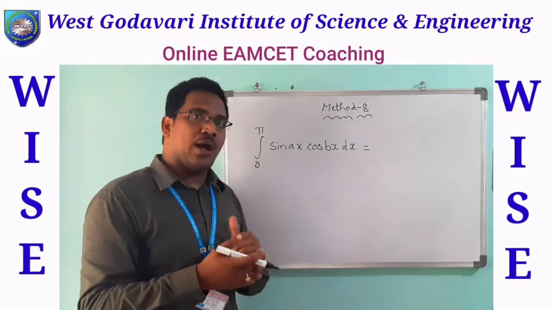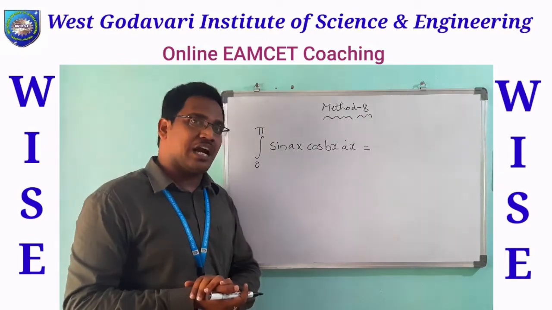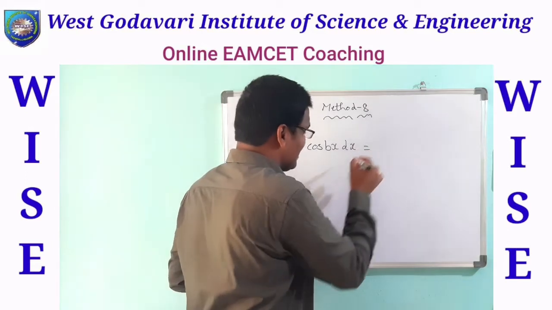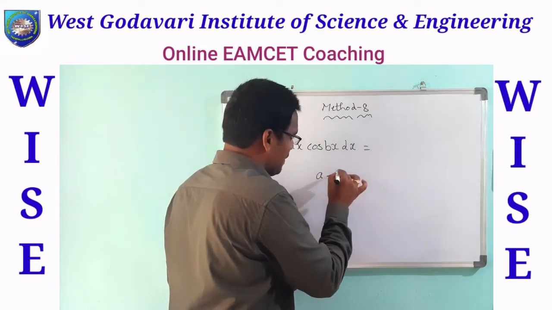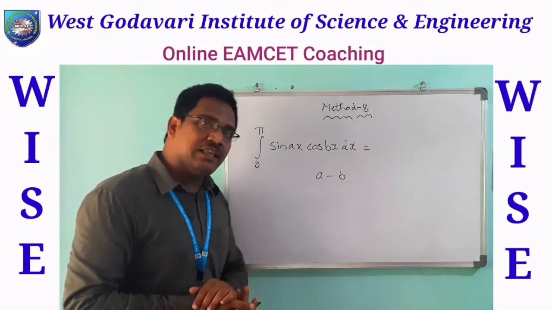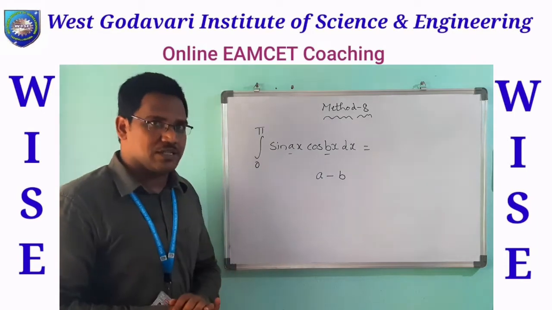Before analyzing the result of the integration, we have to check the condition for this question. The condition is, let us check a minus b. Compare the a value with the b value. Here a and b are constant values.